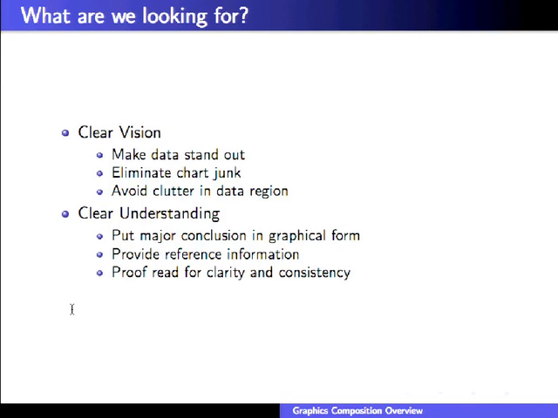Clear understanding says if you're writing a report or a paper, put your major conclusions in graphical form and provide reference information for them. In other words, have a very informative caption that can help summarize the data that you've plotted, including any type of reference information, the units, etc., and quickly summarize what you've found in your data.